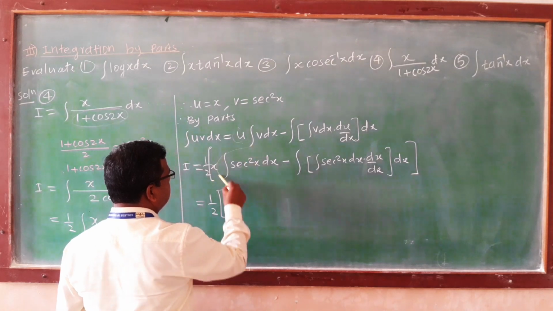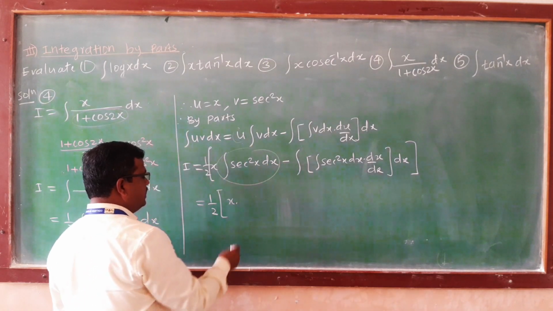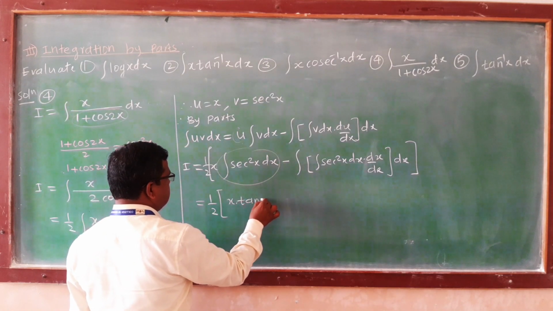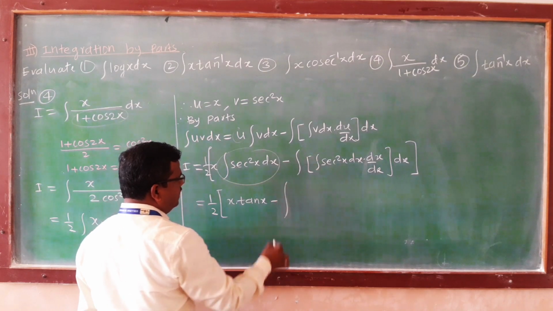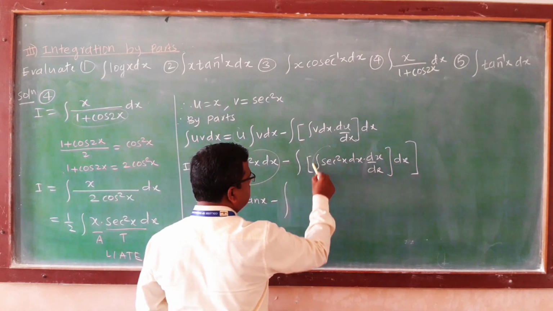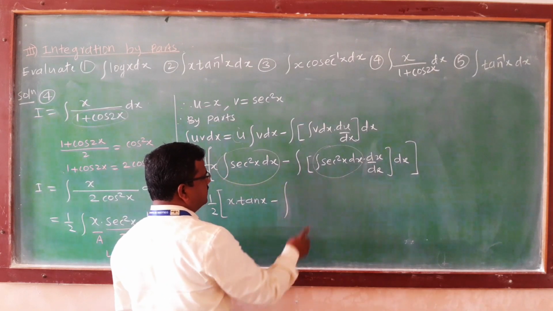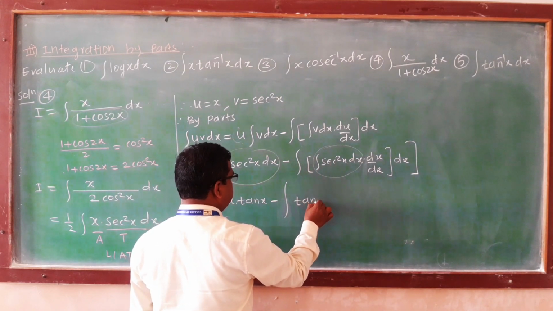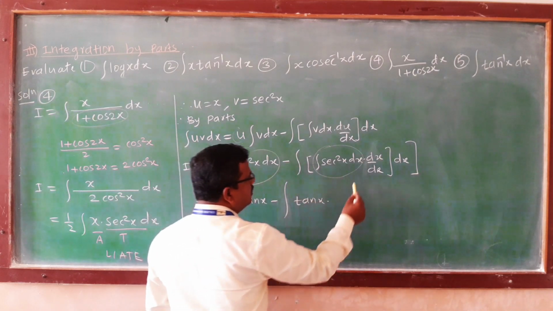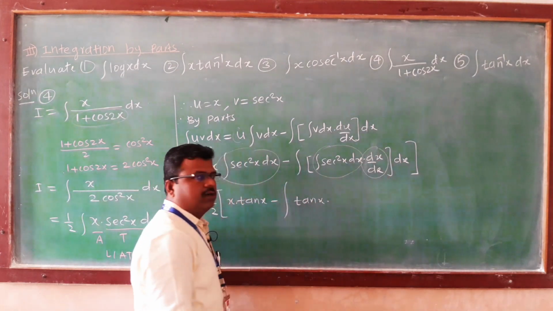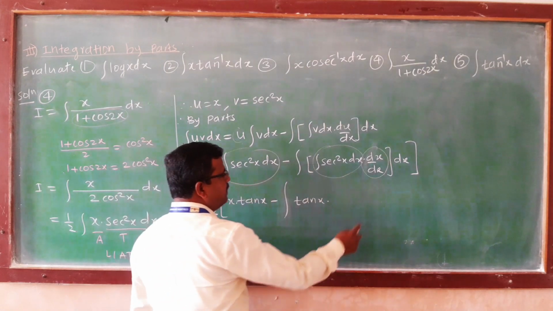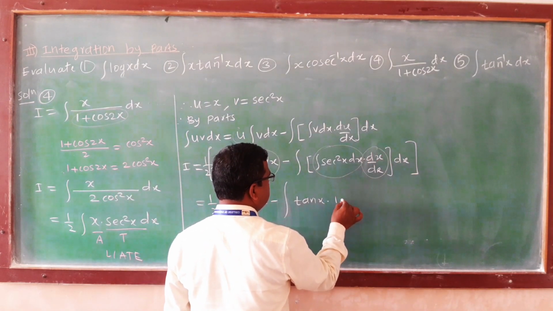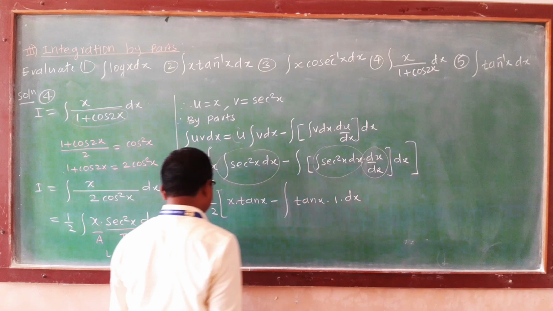This is a standard formula, integration of sec square x, which is tan x, minus, again here is also integration of sec square x, square bracket integration of sec square x is tan x into d by dx of x. This is also standard, derivative of x is 1 with respect to x.